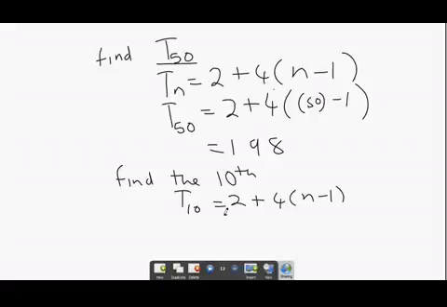Sorry, here we're supposed to write Tn first. So it's going to be T10. It's going to be 2 plus 4 bracket 10, like that, minus 1, close bracket. And this will give us 40 minus 4 plus 2, which is going to give us 38. So it's really quite a simple way of using the equation, but it gives you the marks that you need.